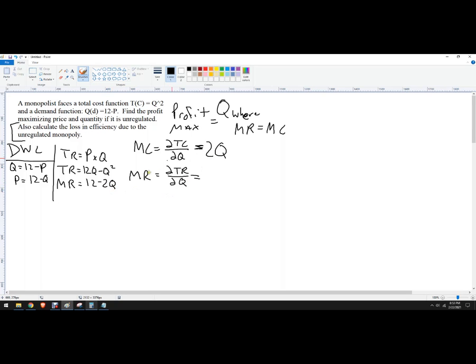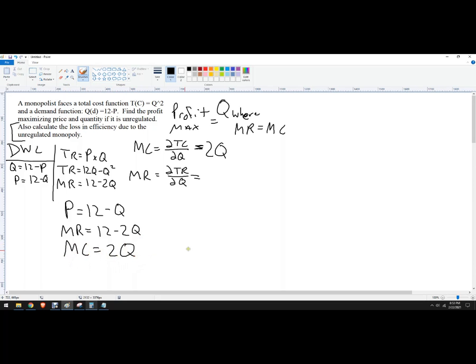Now I could just set those equal to each other, but I'm not going to do that. I'm going to graph everything. I've got my inverse demand function, which is 12 minus Q. I've got marginal revenue, which is 12 minus 2Q, and I've got marginal cost, which is just 2Q.